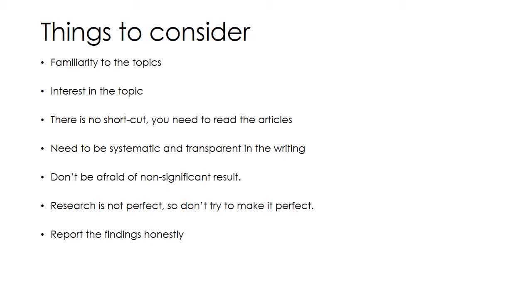If you did not do something, state it, these are the things I've done, so people can make a judgment. Don't try to make it look perfect, because no research is perfect. There are flaws in it, because these are all human subjects. So do not falsify the data, or try to manipulate the data to look the best.